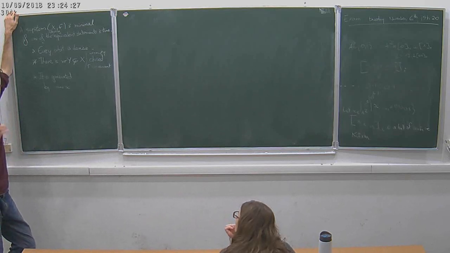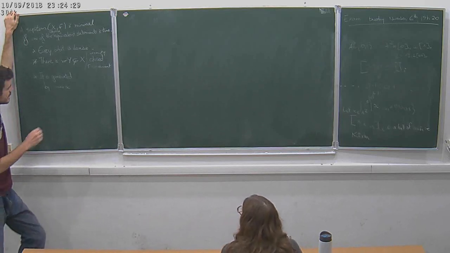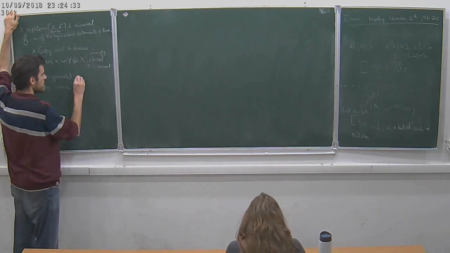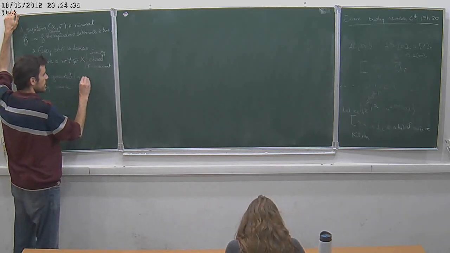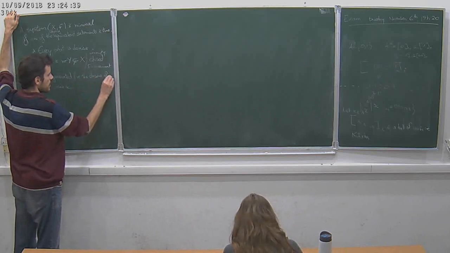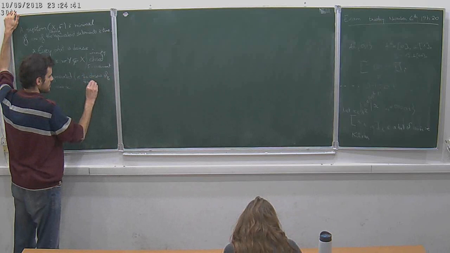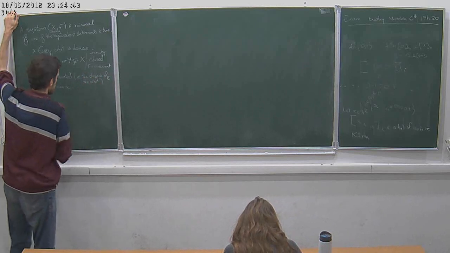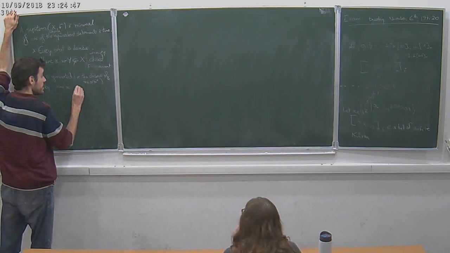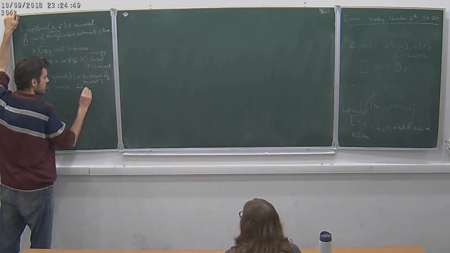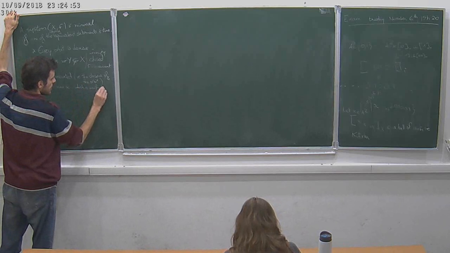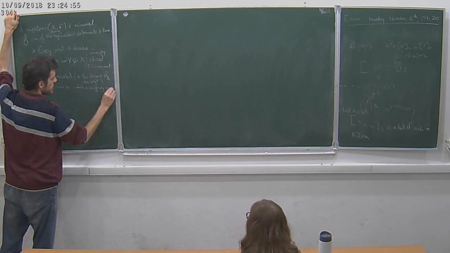The dynamical system is the closure of the orbit. It's generated by some x which is uniformly recurrent. What does it mean?